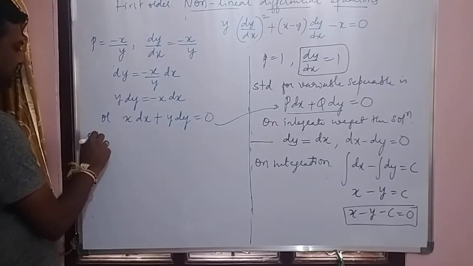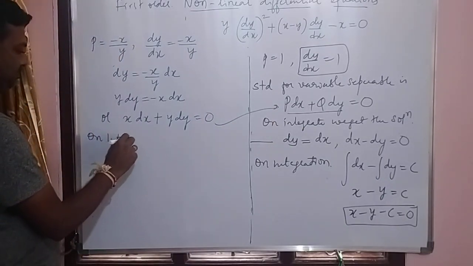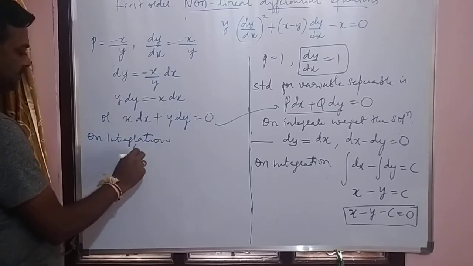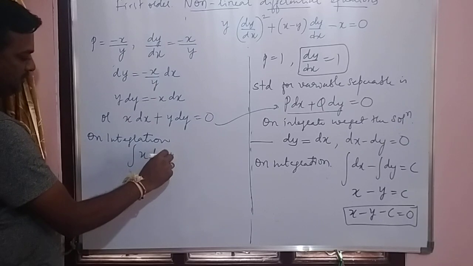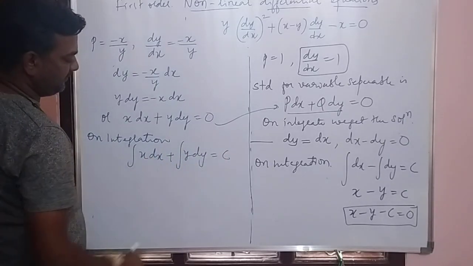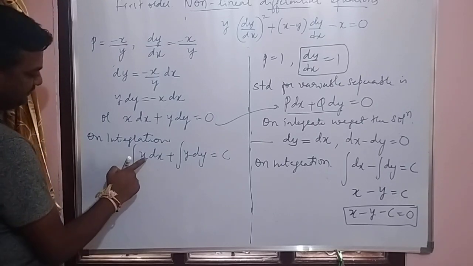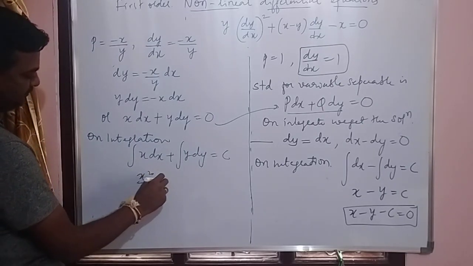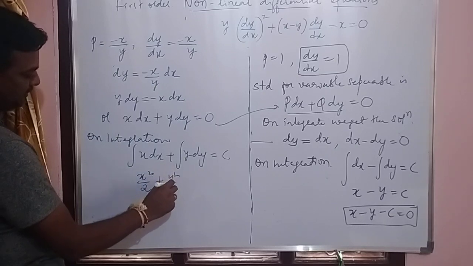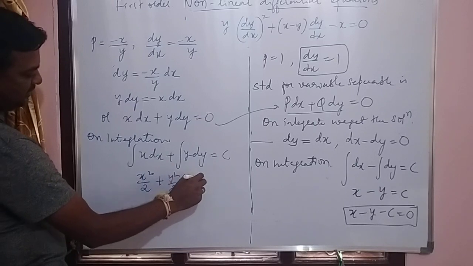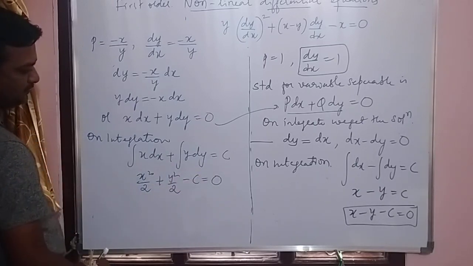So on integration of x dx plus integration of y dy, there is a constant of integration. See students, integration of x is x square by 2, and this is y square by 2. Bring c to the left side, which is minus c equal to 0.